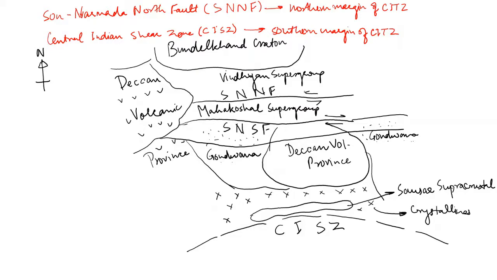The CISZ separates the overlying saucer supracrustal from the Bastar Craton. Then some crystalline rocks are also exposed over here.